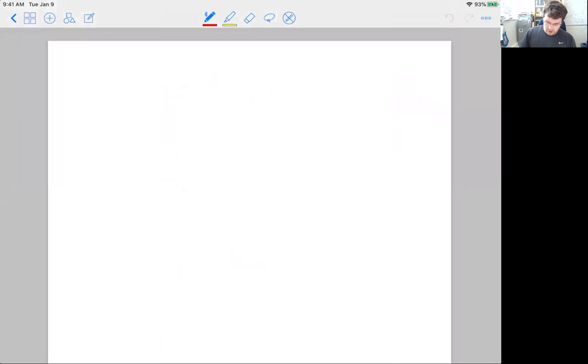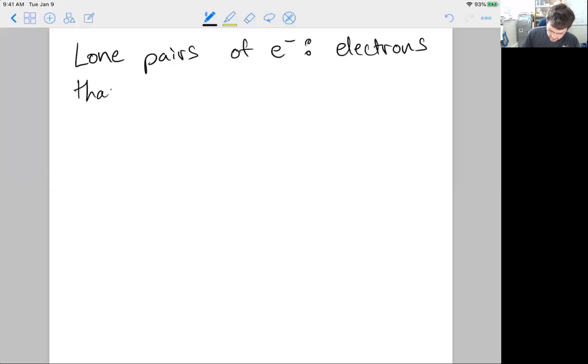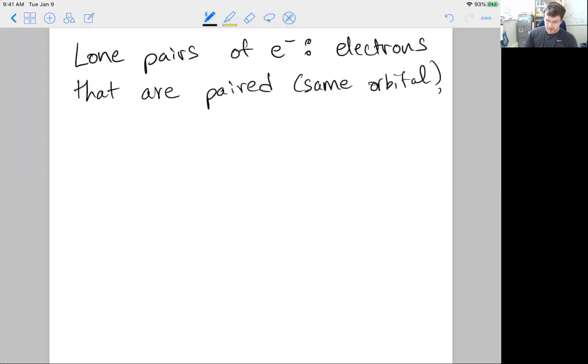Those are actually called lone pairs of electrons. Electrons that are paired, and really that means they're in the same orbital, as we will see. Same orbital, but do not form covalent bonds.